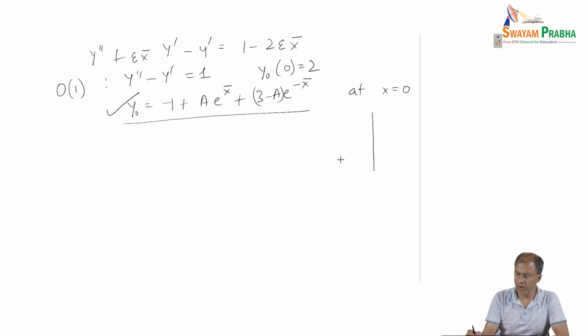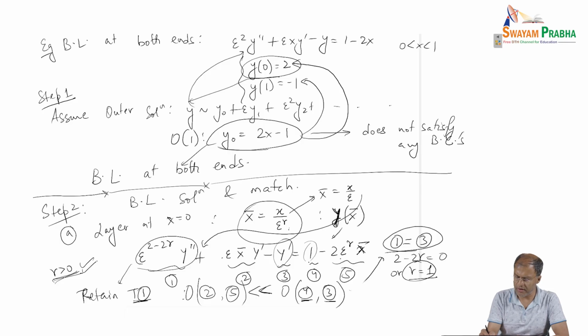See, the problem is that we have a boundary layer at the left end at x equal to 0 and a boundary layer at the right end at x equal to 1, and in between we could have a solution which is regularly perturbed, and the regularly perturbed solution we have already found to be 2x minus 1.